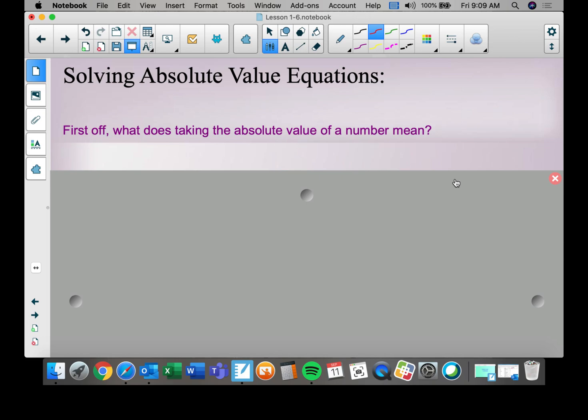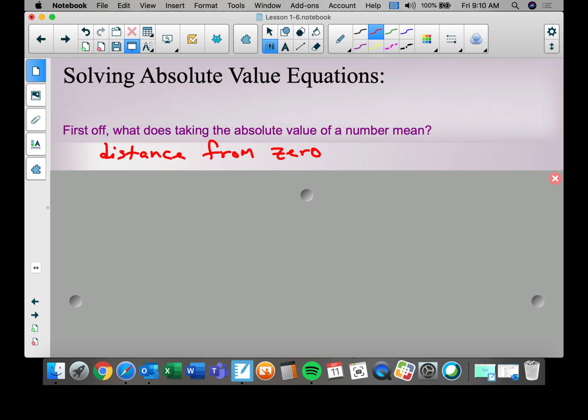The absolute value of a number is the distance from 0. It is the distance away from 0. And the reason that it is always positive is because we're talking about a distance. If you're at -7 on a number line, that means you are 7 units away from 0.